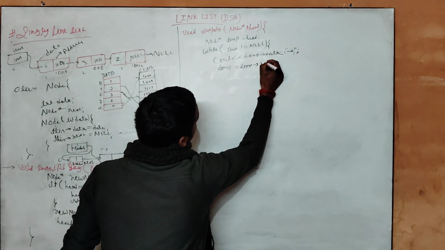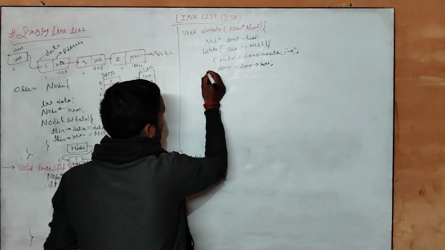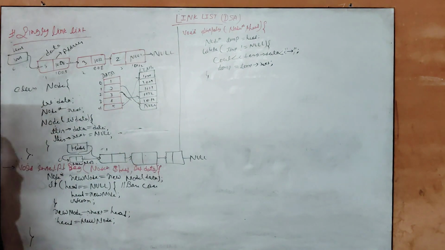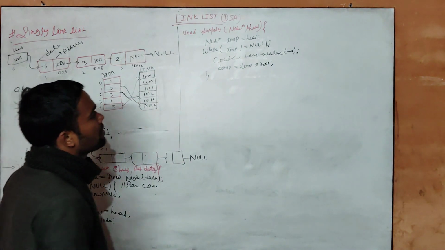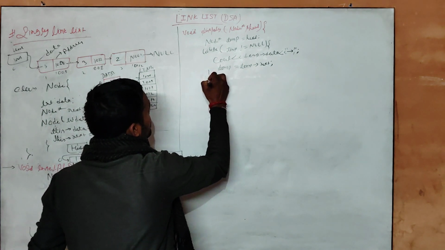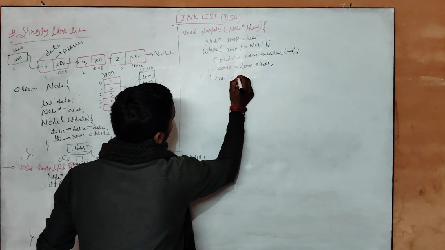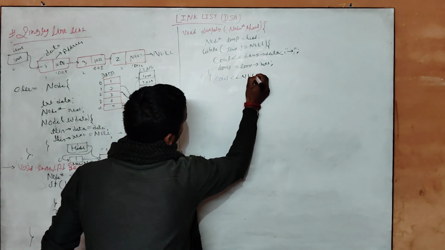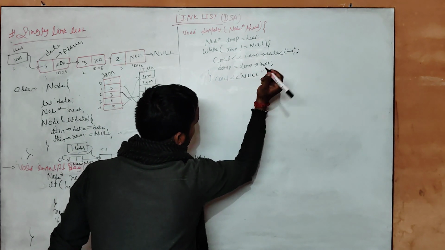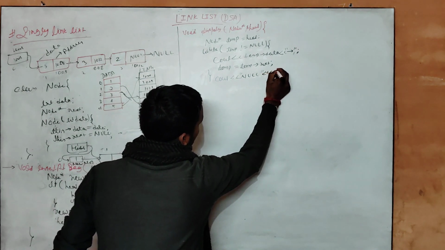Close, and you take one null value, because in the last position we want to print null. Then you write cout null endl.